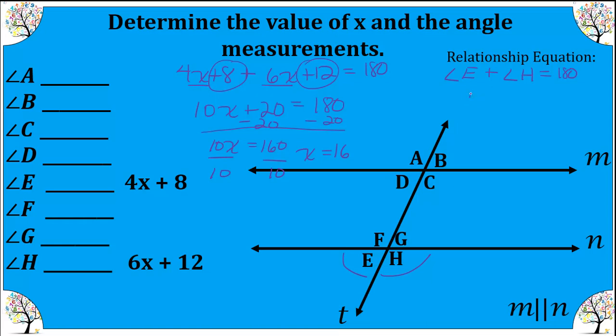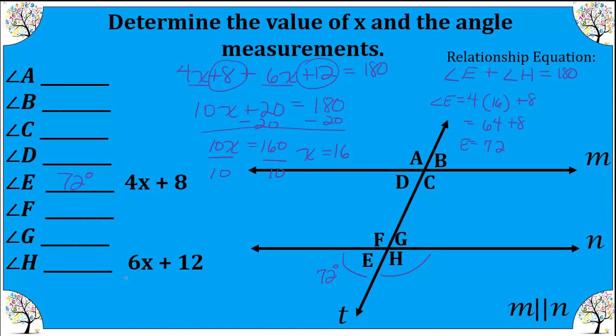So I'm just going to say 4, so this is angle E, is 4 times 16 plus 8. So 4 times 16 is 64 plus 8. This is going to be 72. So E is 72 degrees.